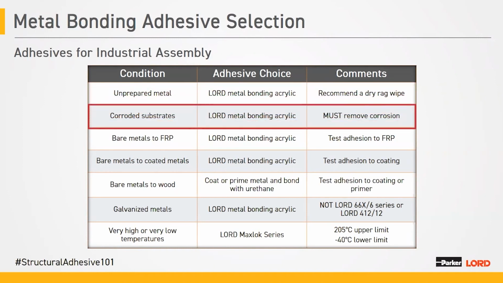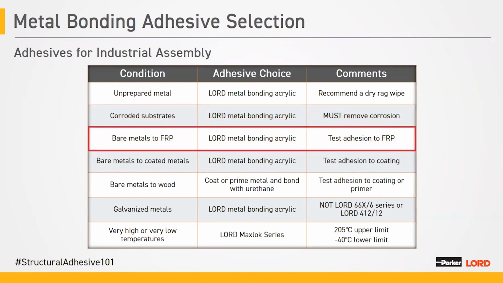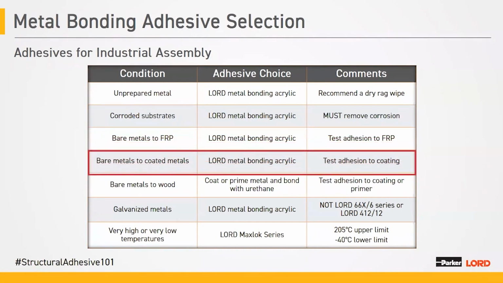You can't make a good bond if you're bonding to a corroded surface such as rust or the oxides that form on aluminum. Bare metals to fiberglass or FRP, we'd certainly select the metal bonding acrylic, and then we'd test the adhesion on how well it performs to the FRP. Bare and coated metals, again, metal bonding acrylic and testing the adhesion.